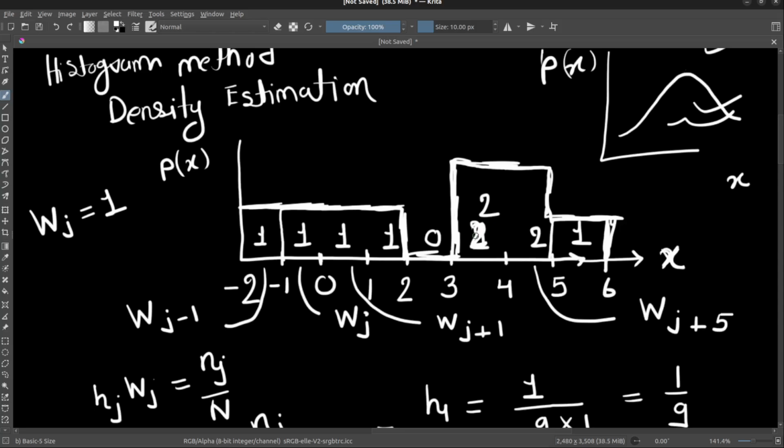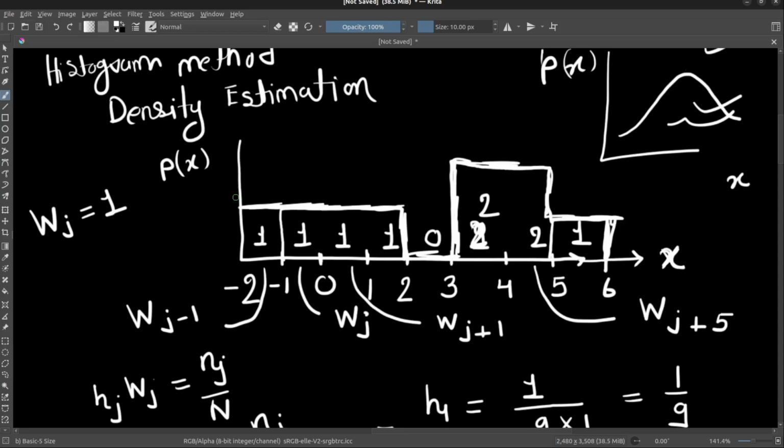For a one-dimensional scalar variable, the probability density function is basically a curve in a two-dimensional plane. Because x and p(x) make a two-dimensional plane, this probability density function is a curve in a two-dimensional plane.